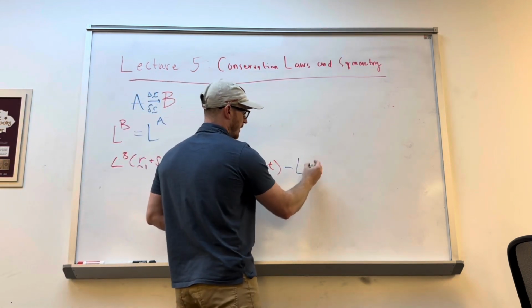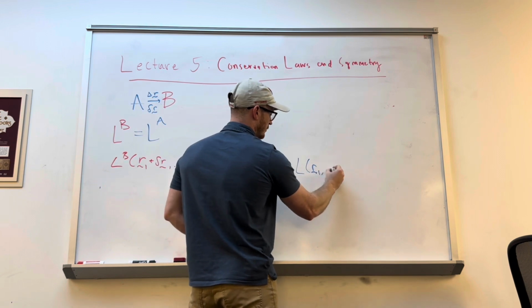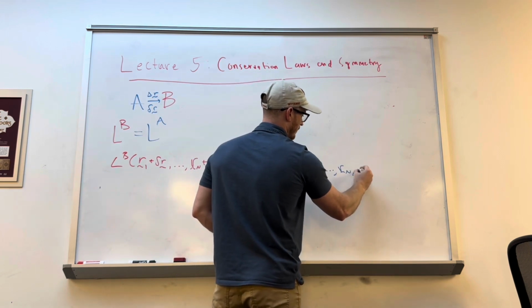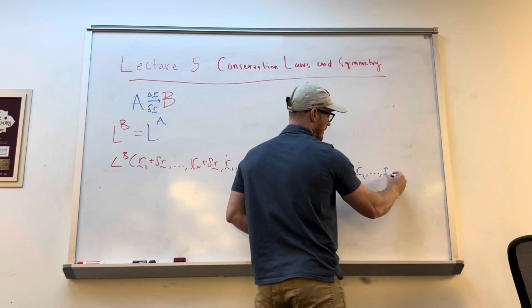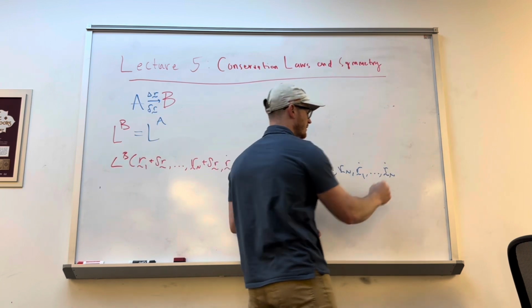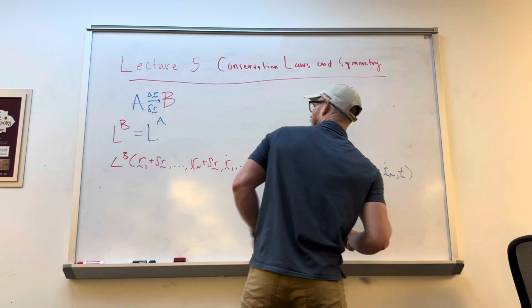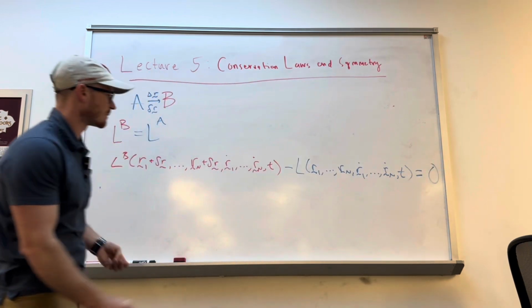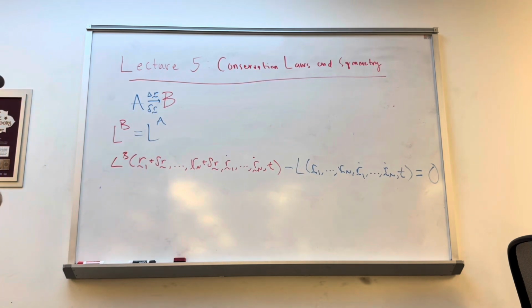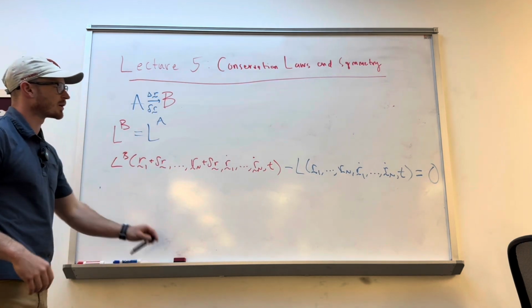So minus L, our original system. And it may seem pedantic to write out all these dependencies, but you'll see why these become important. And of course, if we move this to the other side, it equals 0, right? So we have this difference. Now, you're probably seeing a theme in this course.